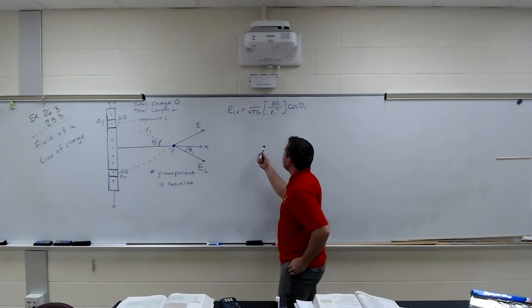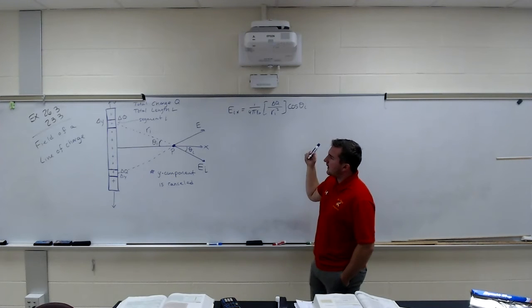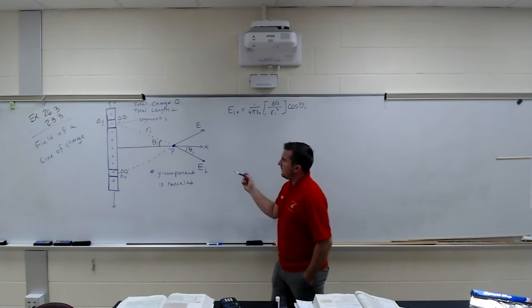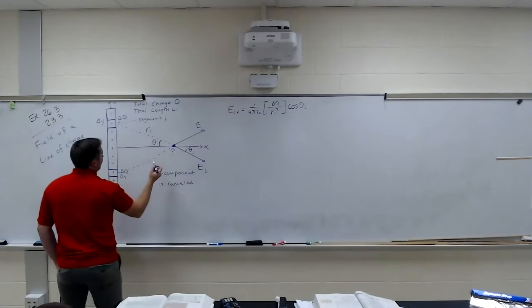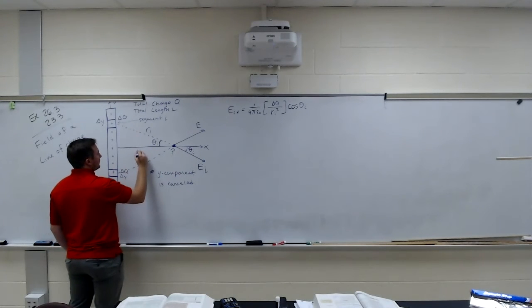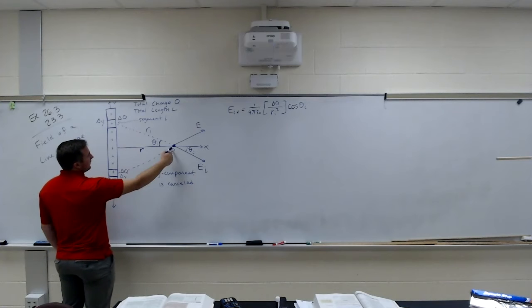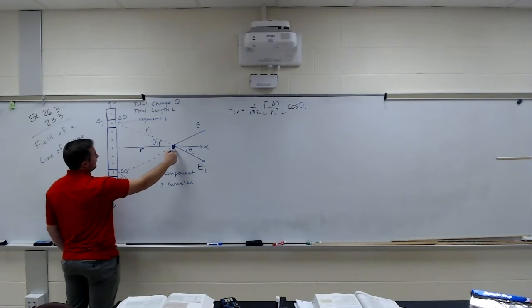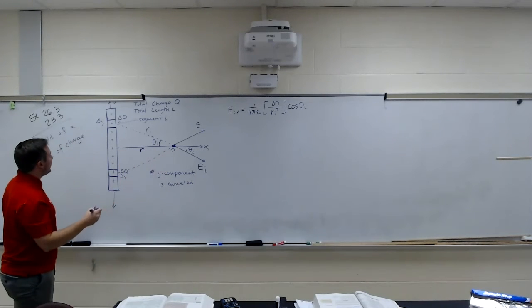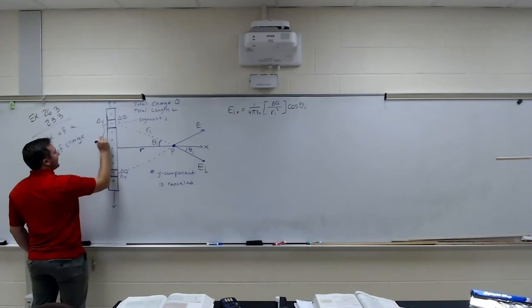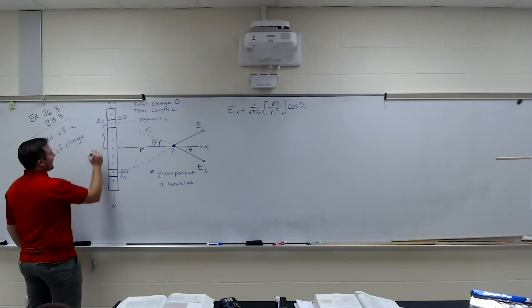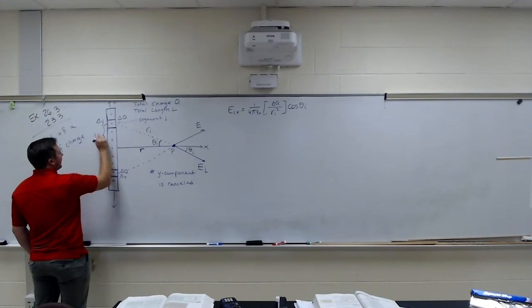So Ri, right? Ri is the hypotenuse of this triangle right here. We'll call this distance r. So it's r to get from our axis to P. And then this distance right here, since we're on the y-axis, we'll call that yi, right?